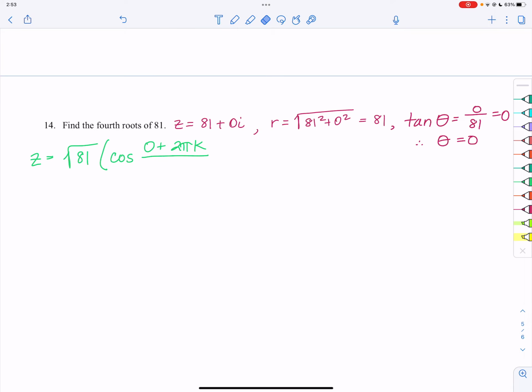We could use here. And then we'll divide this by 4. Then you can kind of see where those fit in. Sine of 0 plus 2 pi k divided by 4 again. And here k is 0, 1, 2, and 3.